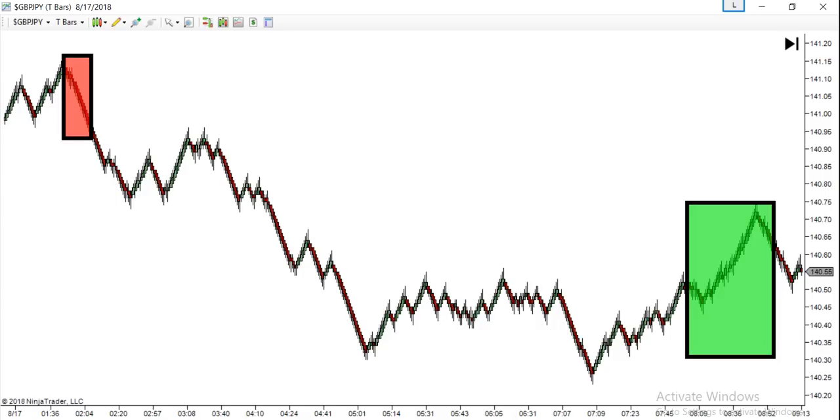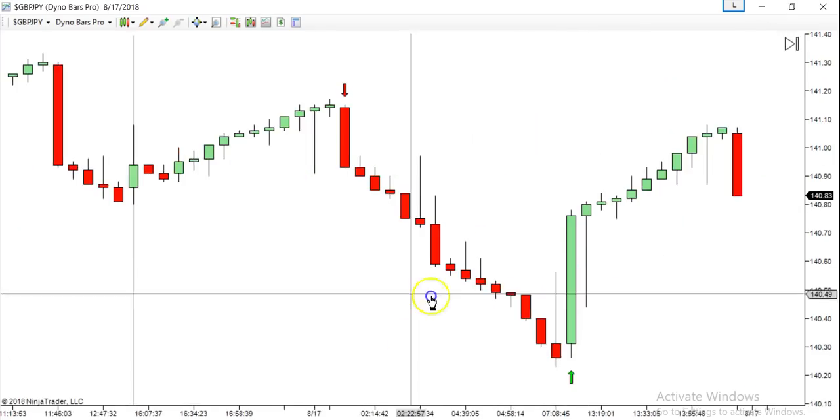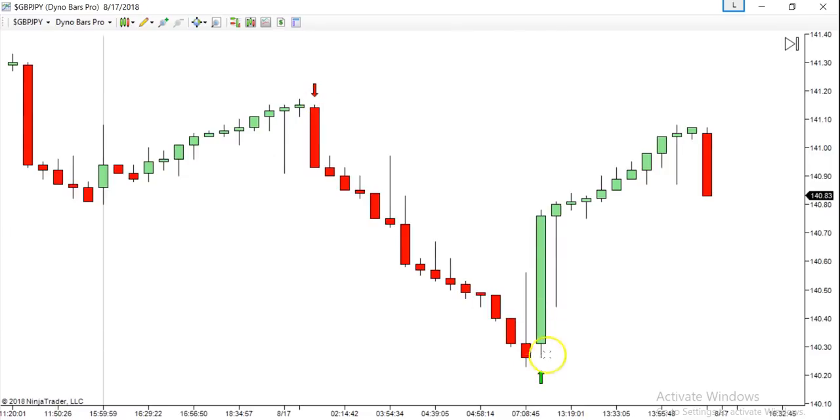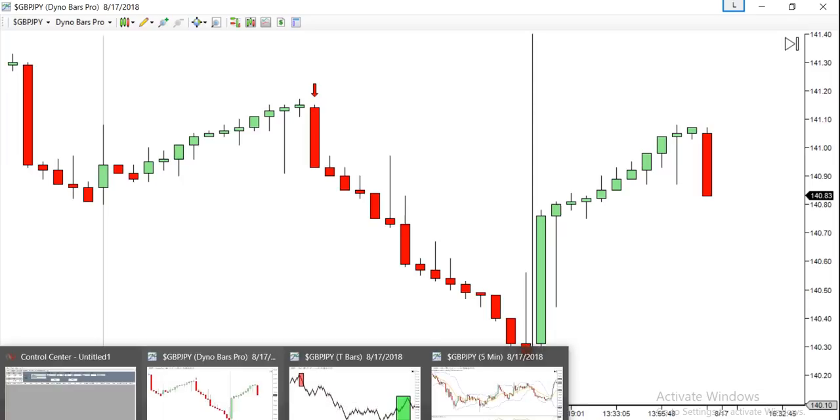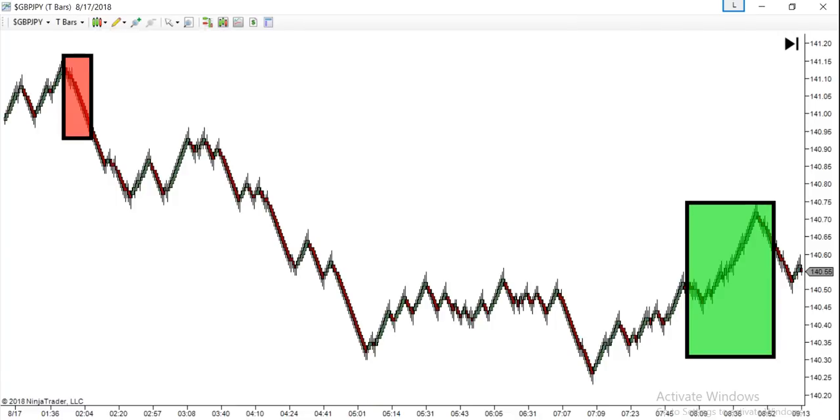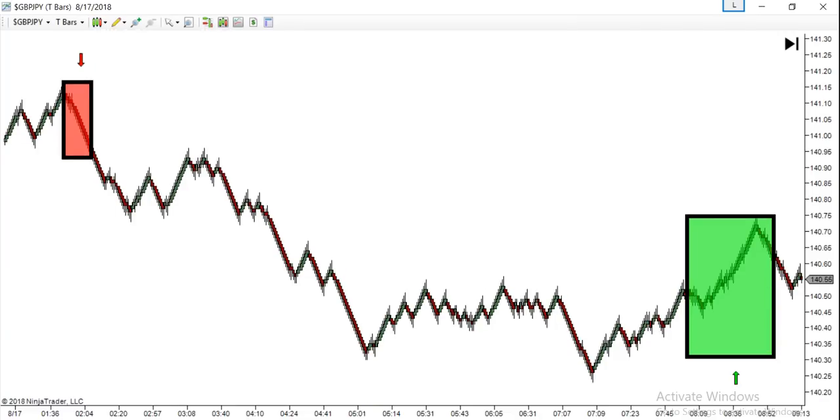You would agree that these two Dyno bars that we've highlighted, what I call our signal bars from our big picture chart, have been physically drawn into our smaller chart. I'll go ahead and copy those arrows just like this. Here's the short signal and here's the long signal. All right? So far so good.